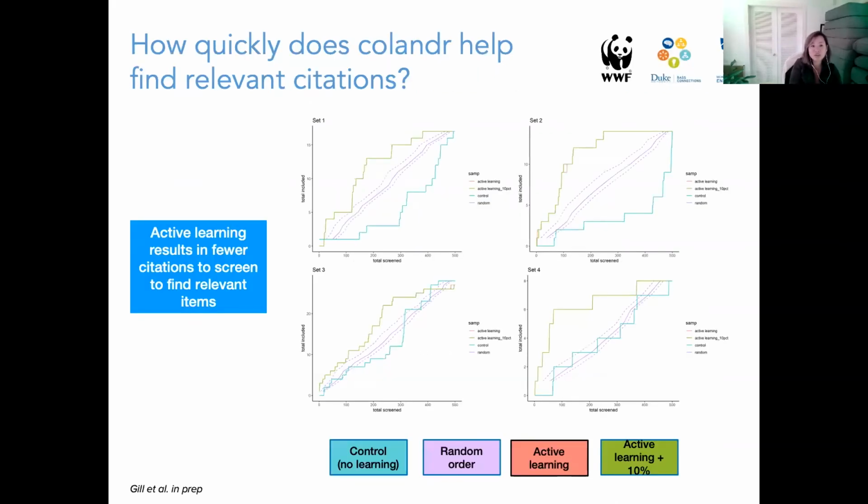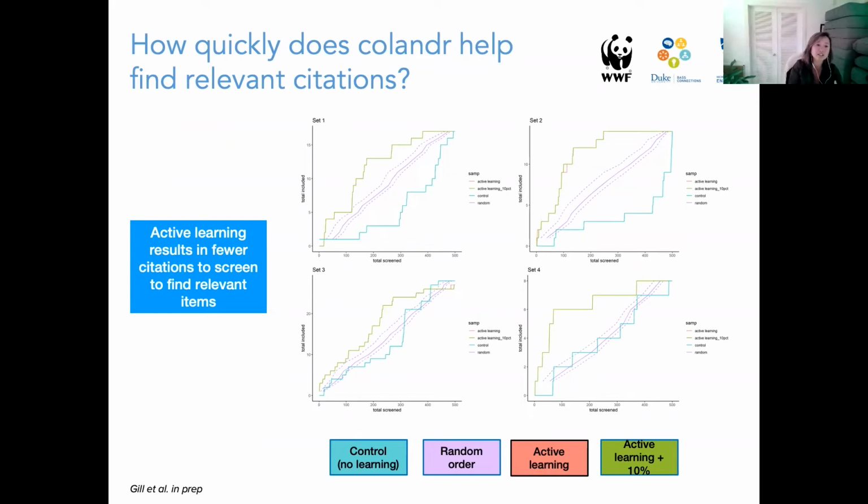So one thing we've been doing with Colandr is determining how efficient it really is. How quickly does it help us find relevant citations, to help us understand how to determine when a potential stopping point could be, and guidance around doing that. A group at Duke University at the Marine Lab and the Nicholas School of Environment has been working with us at WWF through the BAS Connections program to do some of this testing.